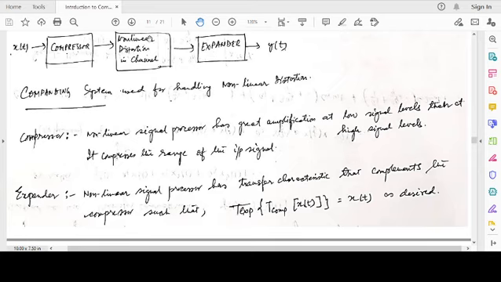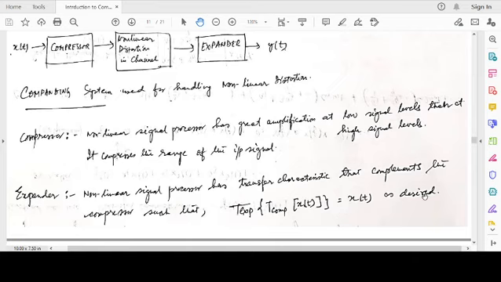The expander compensates for the characteristics of the compressor. The expander is a nonlinear signal processor which has a transfer characteristic that just complements the compressor, such that if the compressed signal passes through the expander, it gives you the original signal as desired, or a scaled version of the original signal.